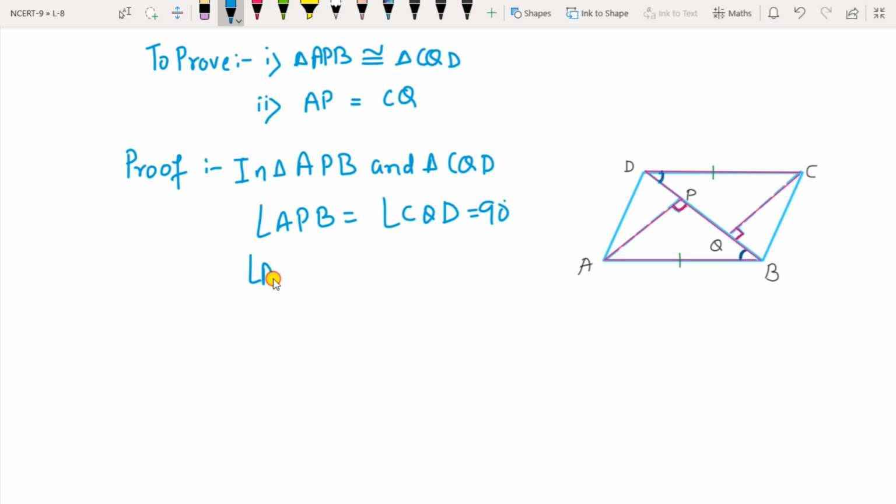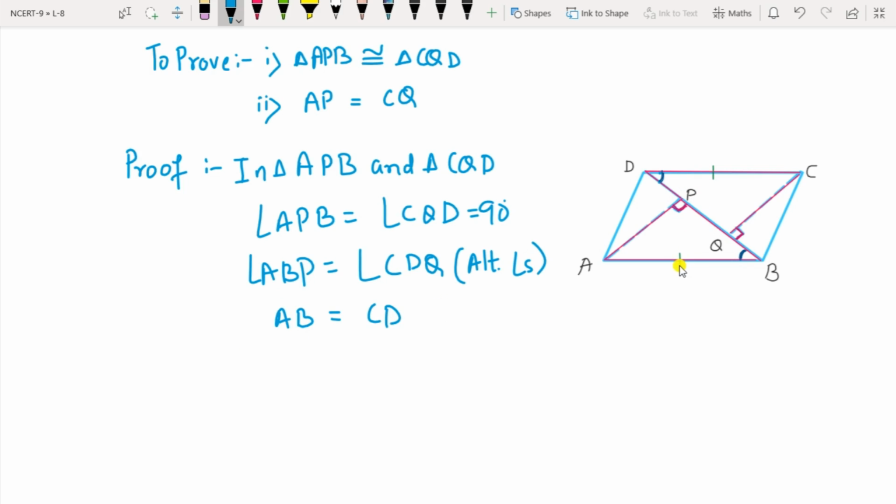Then angle ABP equal to angle CDQ. These are alternate angles. This angle and this angle, these are alternate angles, and AB is equal to CD.